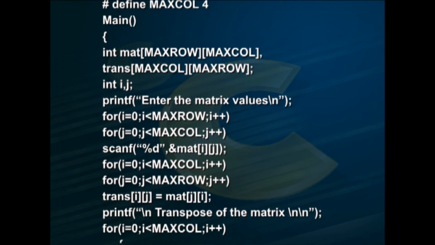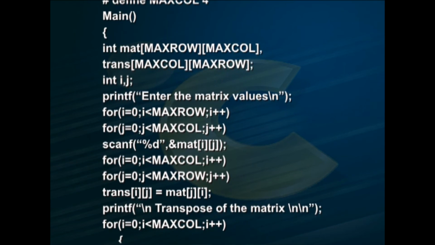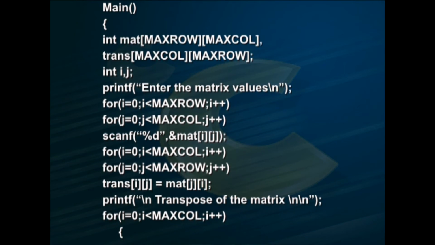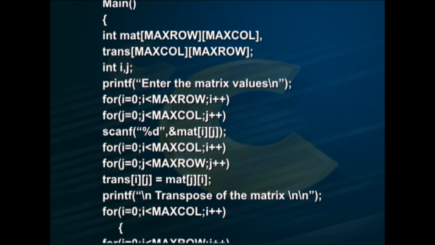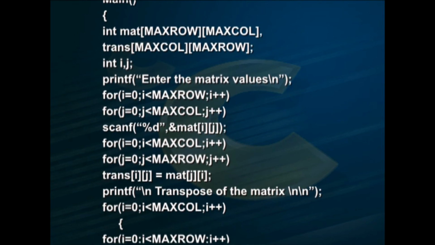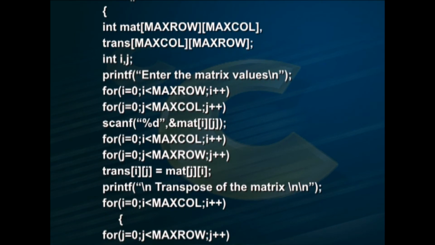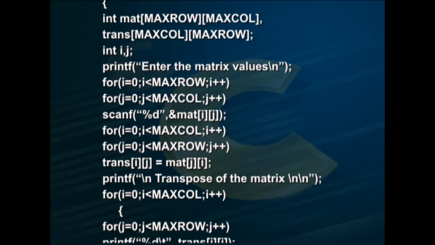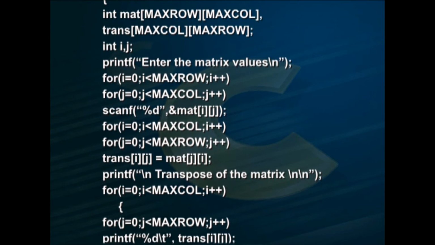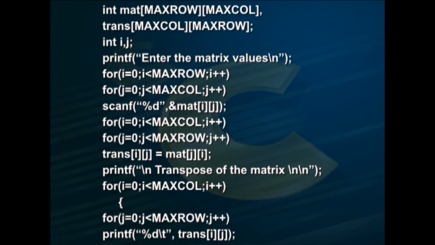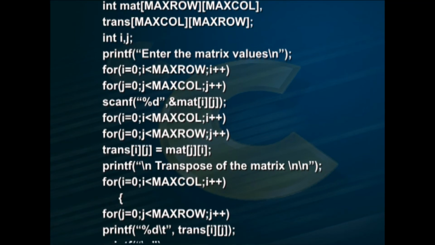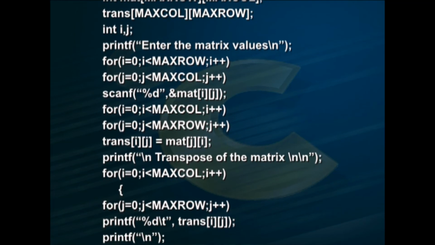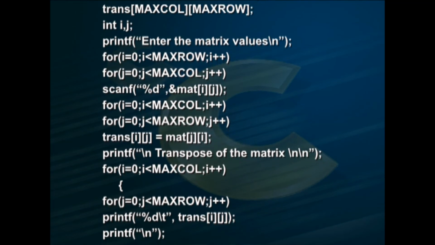For i = 0, i < MAXROW, i++, and for j = 0, j < MAXCOLUMN, j++, scanf("%d", &mat[i][j]). For i = 0, i < MAXCOLUMN, i++, and for j = 0, j < MAXROW, j++, trans[i][j] = mat[j][i].